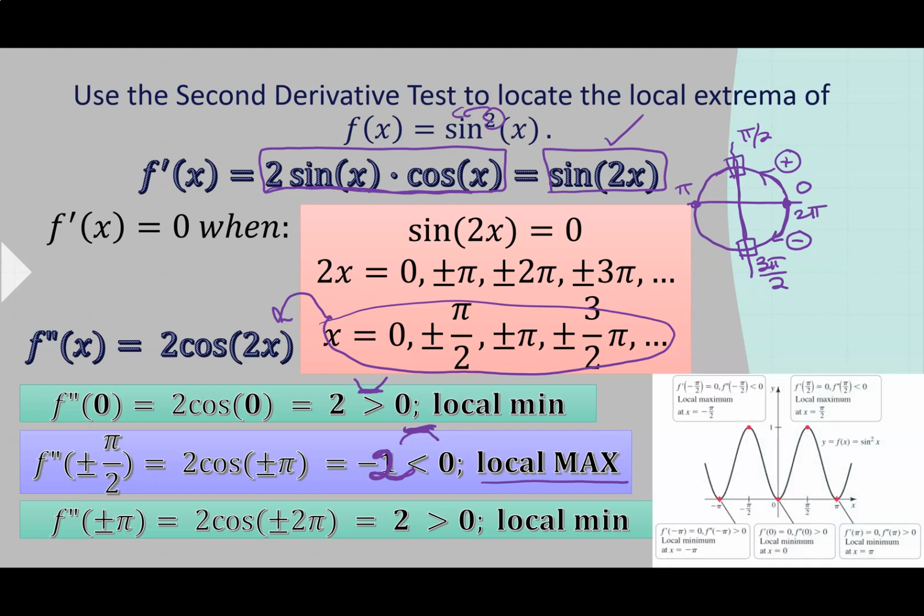So if you look at the graph on decimals or whatnot, you will see that at the half pi you have your maximum, okay, and then at the whole pi and 0, you will have your minimum, and that is how we use the second derivative test to determine whether a function has a local max or min. And that is it.